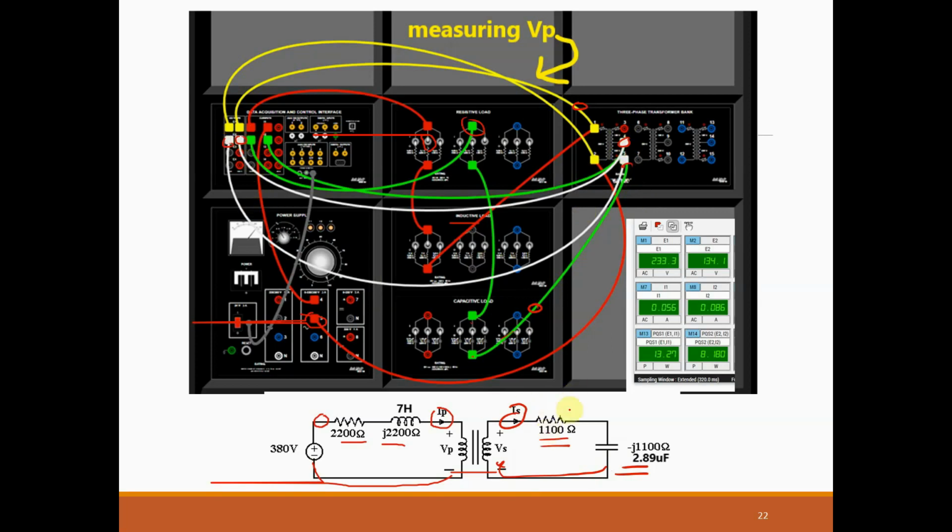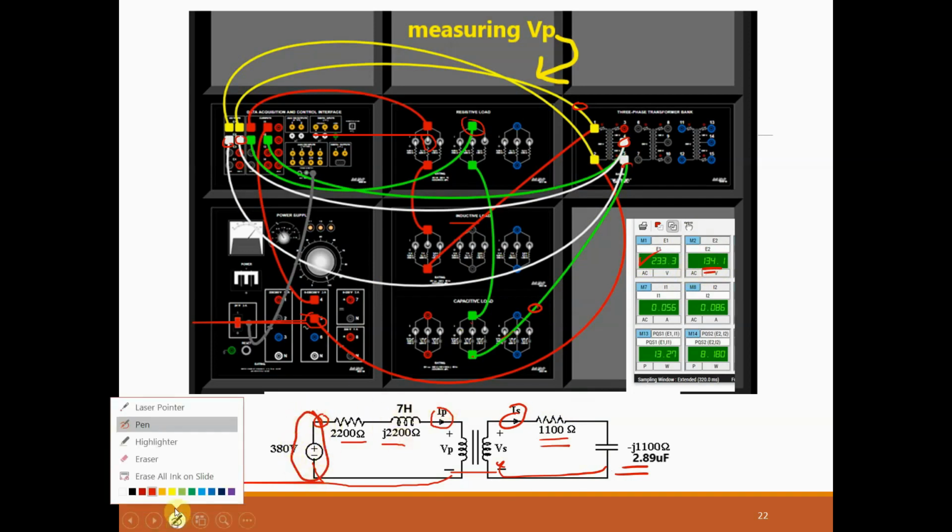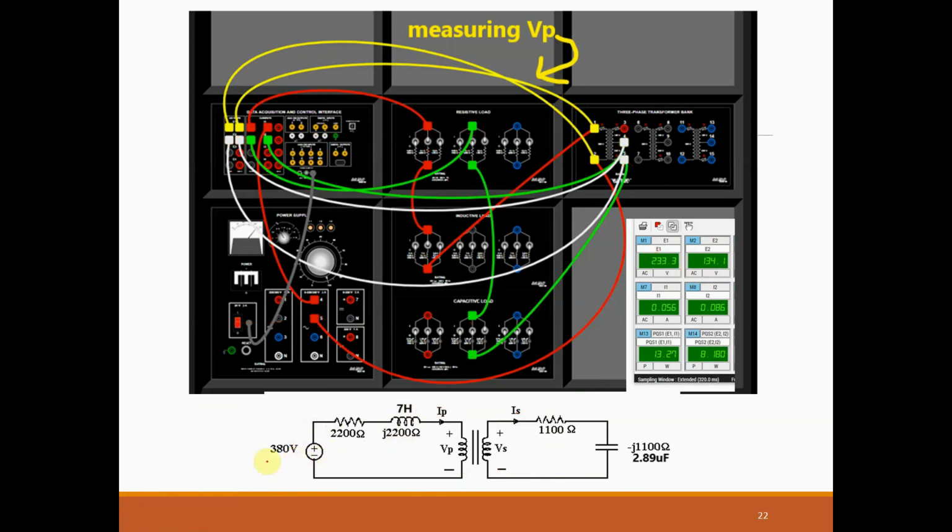So this is how I connected, I simulated, and then I have the values, right? VP is 233, and secondary is 134. That means I have a 380 input here.